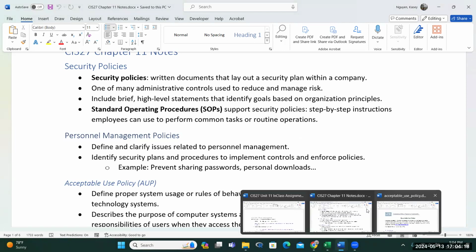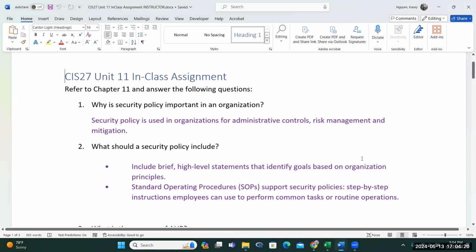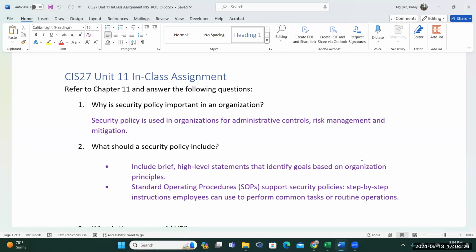In the first few questions, the first question asks you, why is security policy important in the organization? It is because it's a way that we can apply administrative control. When we look at administrative control, that could be for business operations, to make sure that the people are following the rules for the organization.